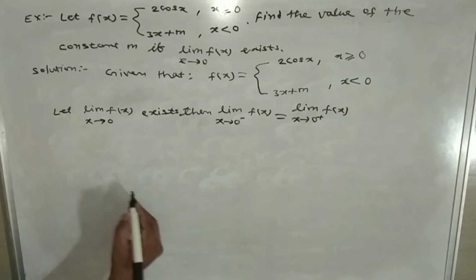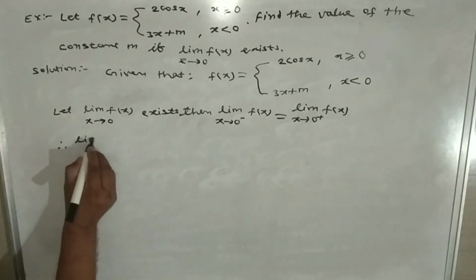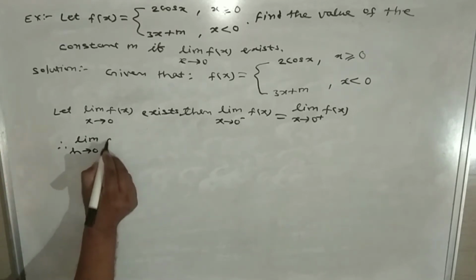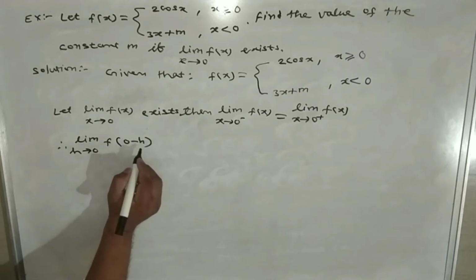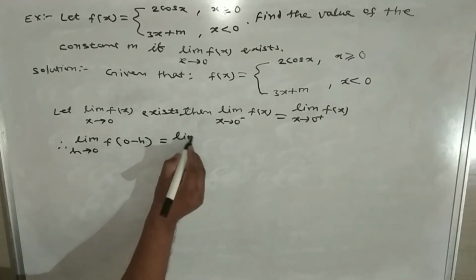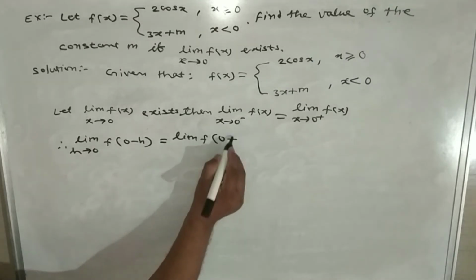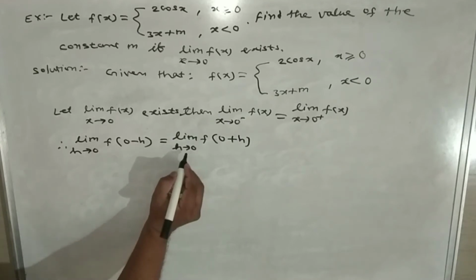So what do we have? Therefore, the limit as h tends to 0 of the function f of 0 minus h is equal to the limit of the function f of 0 plus h as h tends to 0.